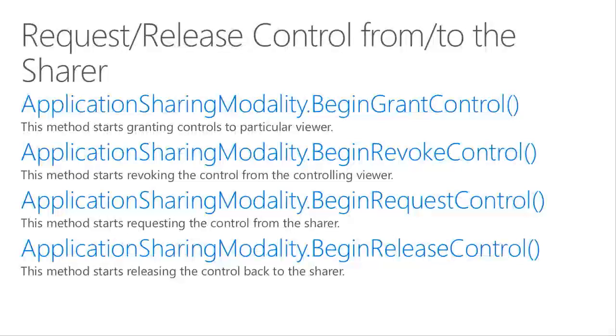Begin request control is for the viewer to request control from the sharer. And once you're done with the control, the viewer can call begin release control simply to release the control.